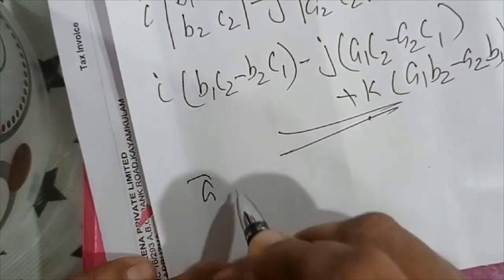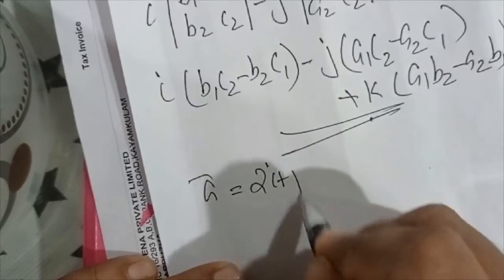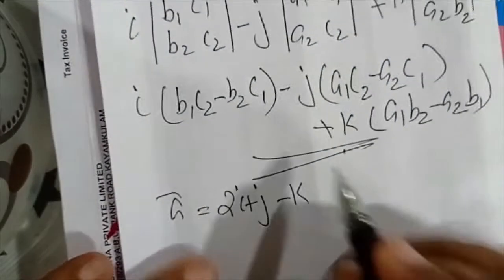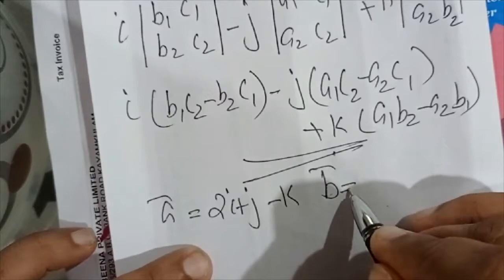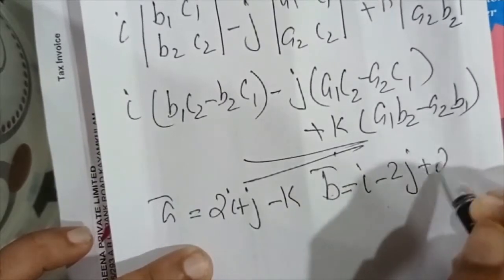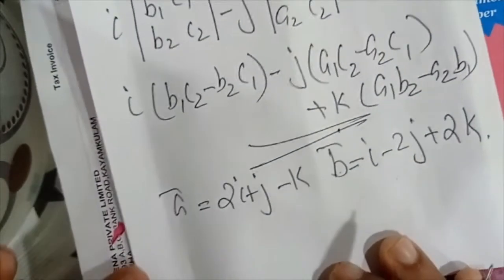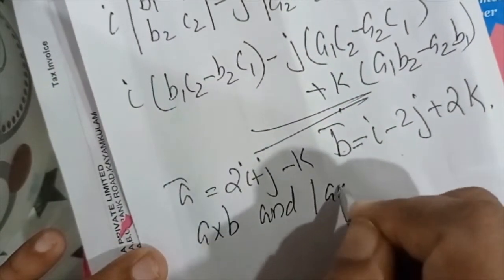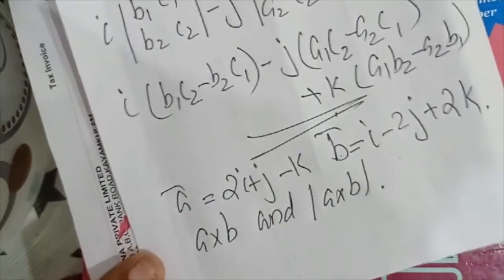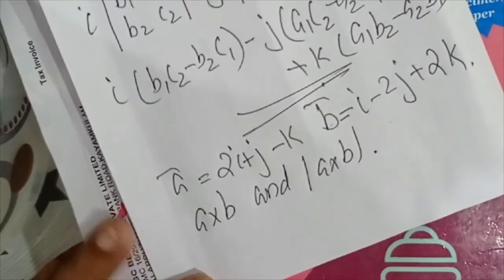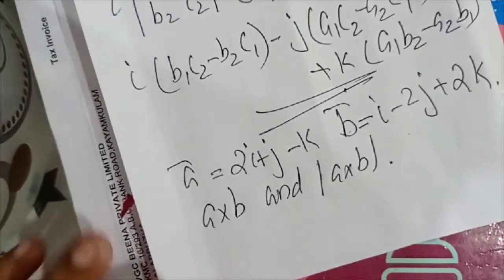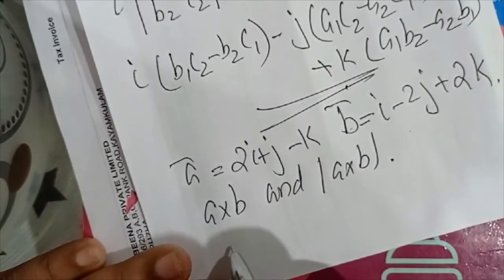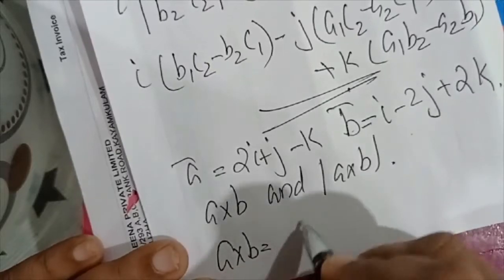Write one question. If A equal to 2i plus j minus k and B equal to i minus 2j plus 2k, find A cross B and mod A cross B. When you find A cross B is equal to the determinant.